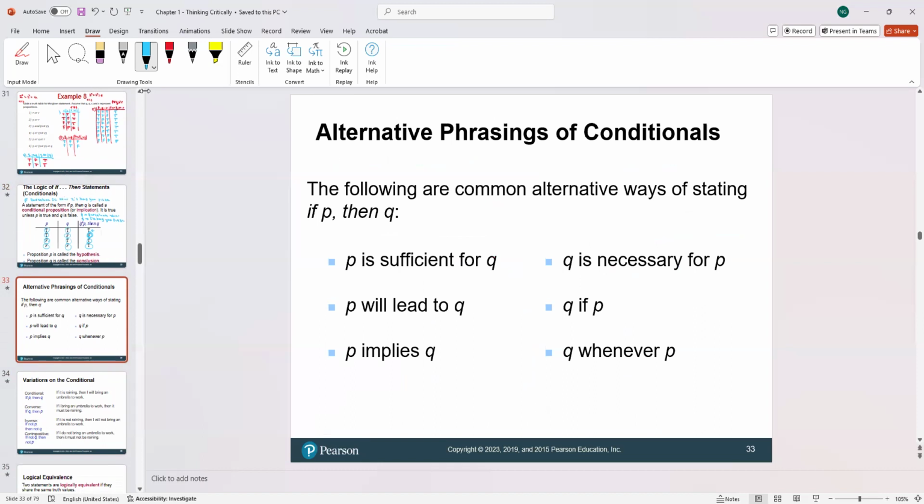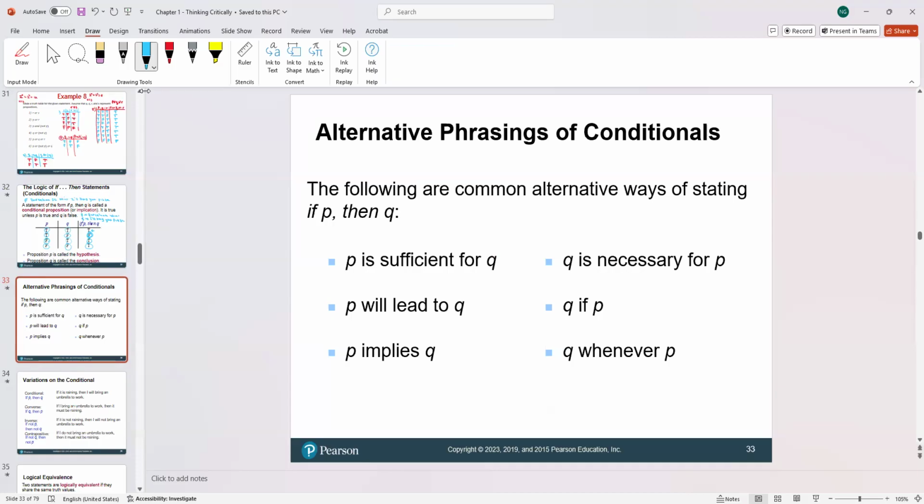Alternative phrases of conditional. In ordinary language, conditional statements don't always appear in the standard form if P then Q, right? In such cases, it can be used to rephrase the statement in the standard form. For example, you might have the statement, I'm not coming back if I leave.